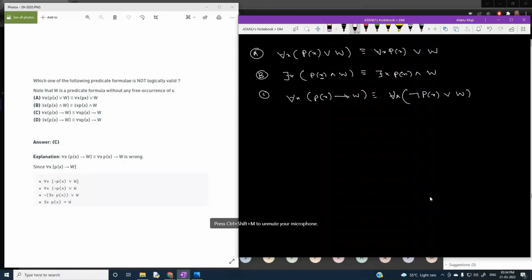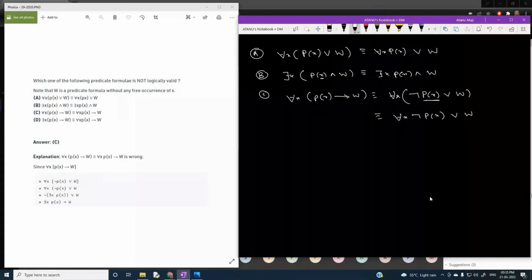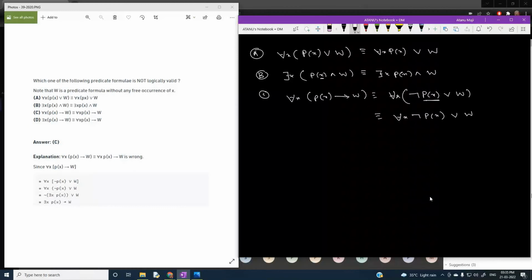Now, as I told you, here two propositions are there, but among them only this one is having the variable x there. So that means the quantifier you are using is only for this proposition. So I can merge them. I can get the expression like for all x, negation of px, and disjunction of w, because w is not depending on any variable x there. So this for all x will not be applicable over there.